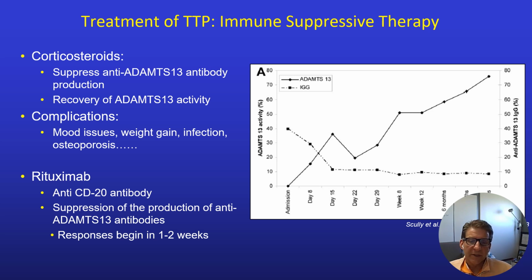We think 20% or above is the level that's required to prevent an exacerbation or recurrence of TTP, and that takes several weeks to occur. So as we're going to talk about in the next slide, I believe the window for exacerbations is greatest in the first 2 weeks after discharge from the hospital, really before rituximab had the ability to help the majority of patients.